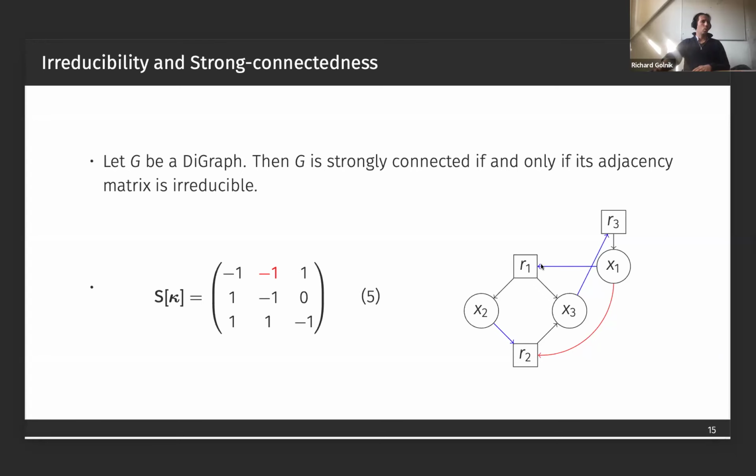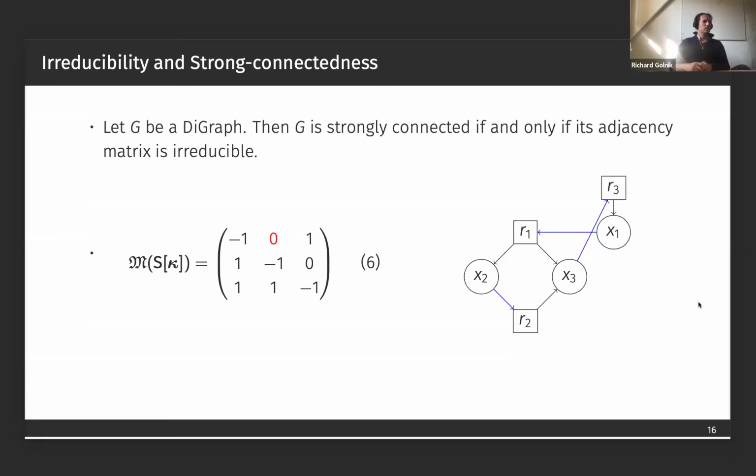The one is by R1 to x3, and the other one is going via R2 to x3. For the other vertices, you can only go via one reaction. And then if I remove this edge, which is encoded by the Metzler part, then I have only one opportunity of going from x1 to x3.